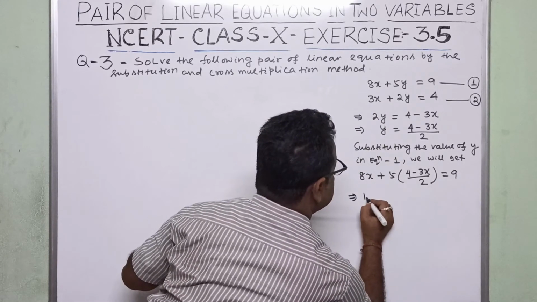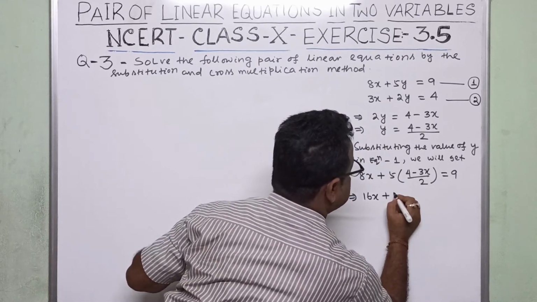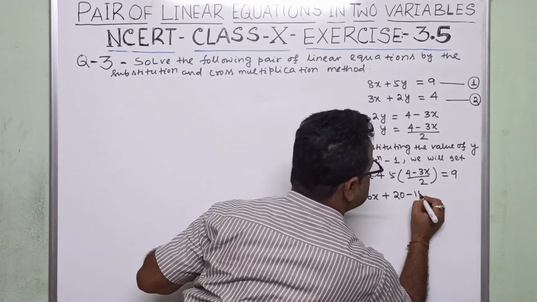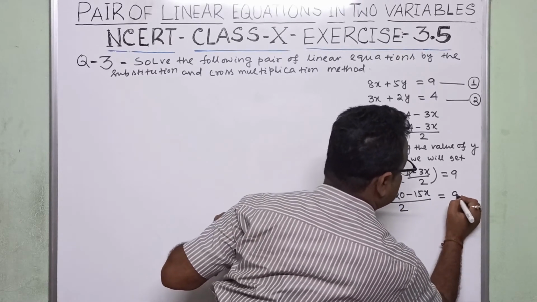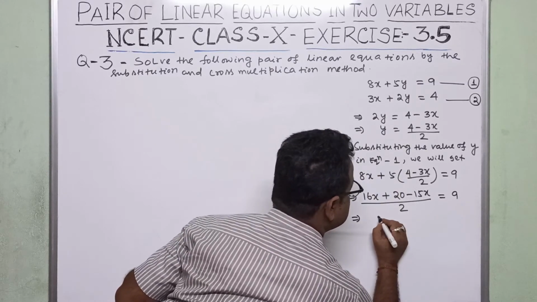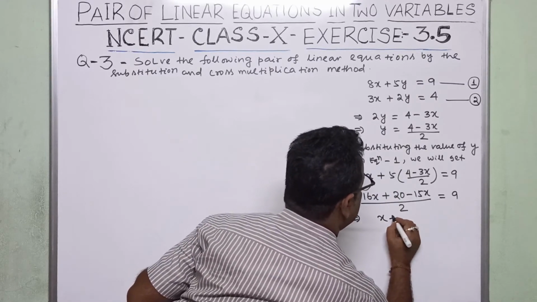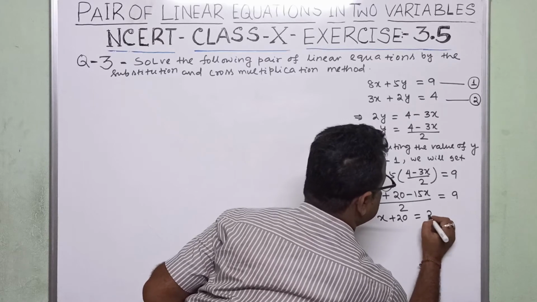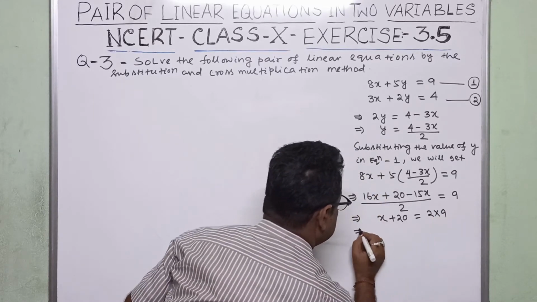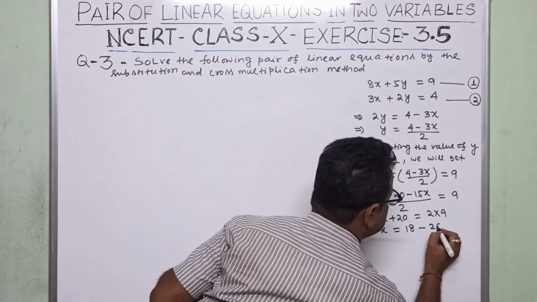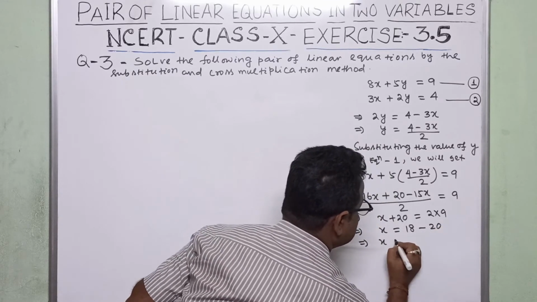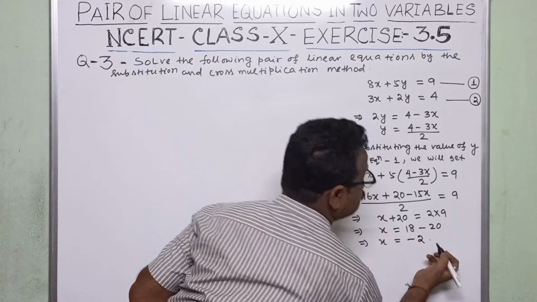That implies (16x plus 20 minus 15x) whole divided by 2, taking LCM, is equal to 9. That implies x plus 20 is equal to 2 into 9. That implies x is equal to 18 minus 20. That implies x is equal to minus 2.